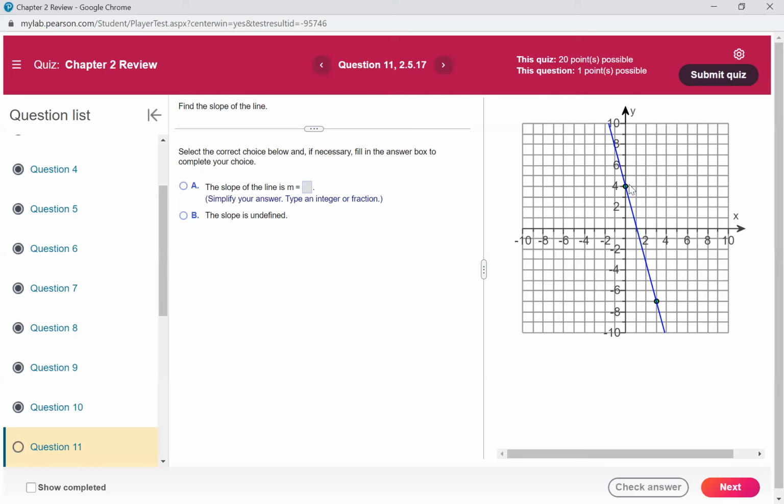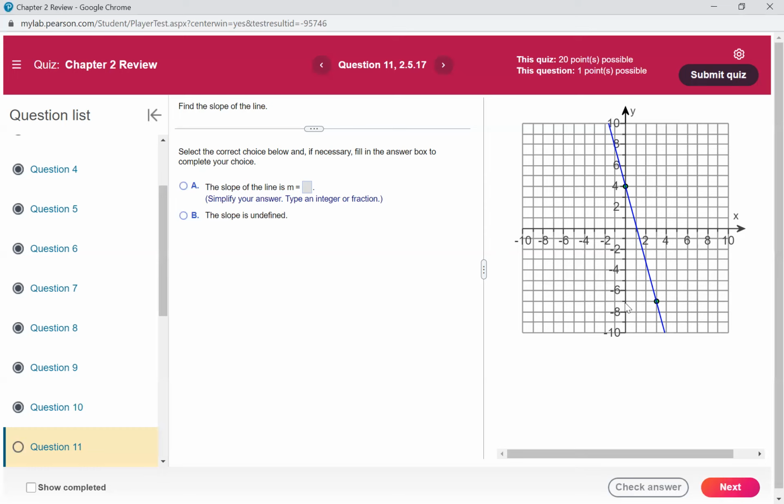So watch what I do. I'm going to start at the 4 on the y-axis, and I'm going to go down until I get to the same point where that second point is at. So I'm going to go straight down. Since I'm going down, my numbers will be negative. So I'm going down 1, 2, 3, 4, 5, 6, 7, 8, 9, 10, 11.